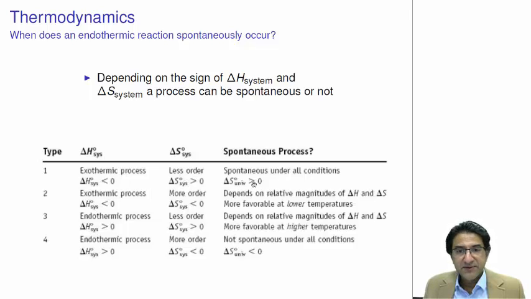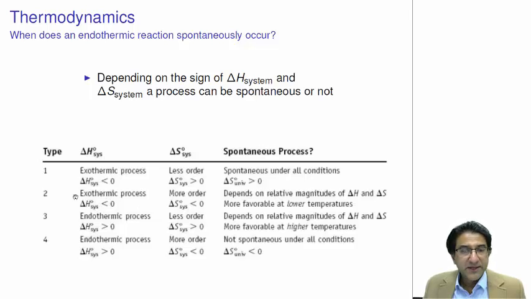If we add two positive numbers, we get total delta S bigger than 0. That means the process is spontaneous. We can say categorically that an exothermic process will always happen provided delta S of the system is bigger than 0.